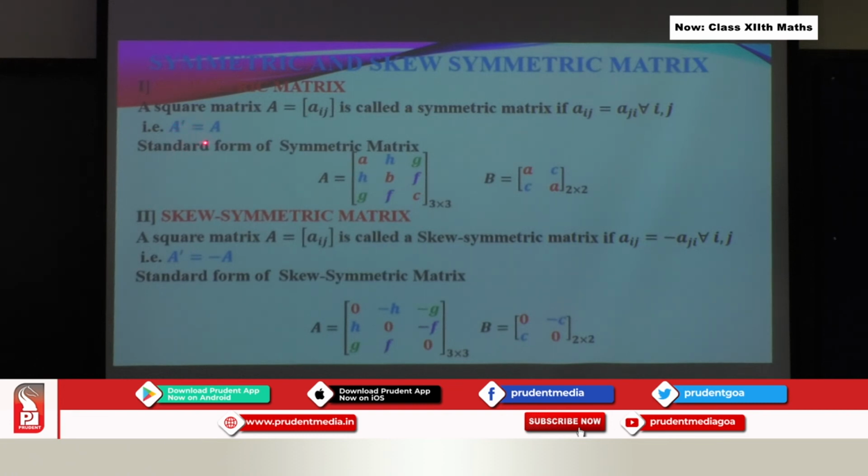A symmetric matrix satisfies the condition that the transpose is equal to the original matrix, and a skew symmetric matrix satisfies the condition that A transpose is the negative of your original matrix.